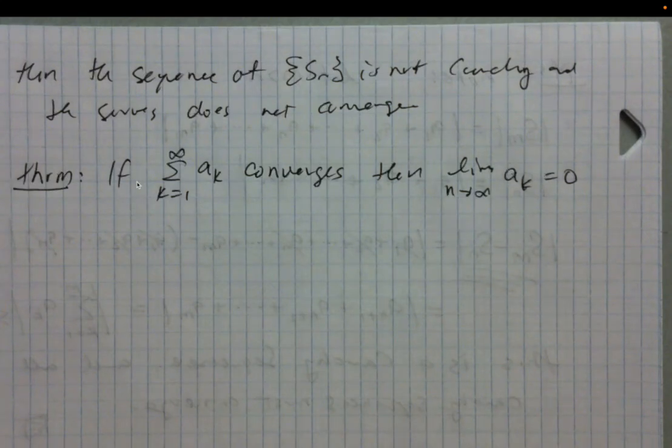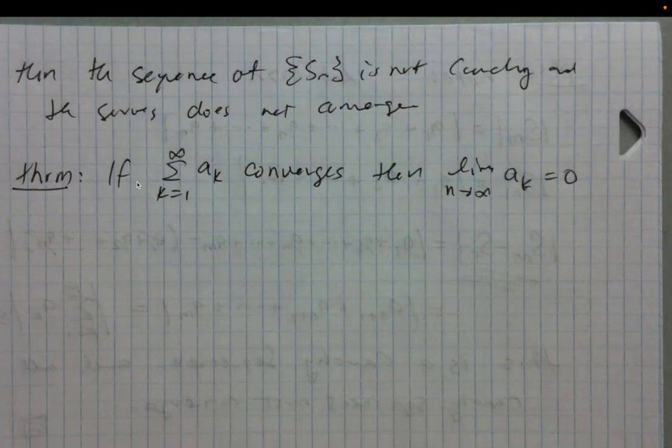Again, this is hopefully kind of obvious. If the series converges, then the terms of the sequence must become arbitrarily small. I can't keep adding big numbers together and have the series converge. If I add an infinite number of numbers together, they're going to have to get very, very tiny very quickly in order for the series to not blow up. And that's what this theorem is saying.